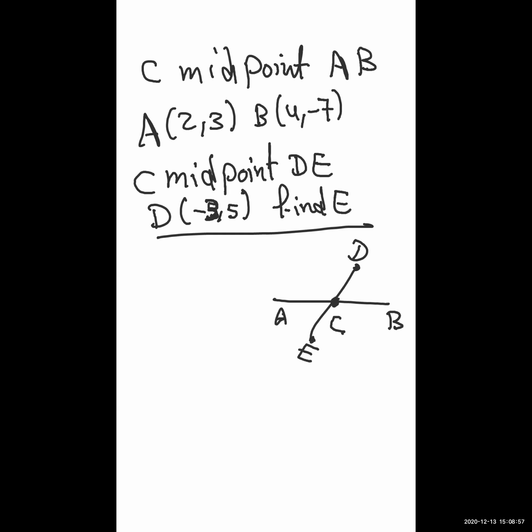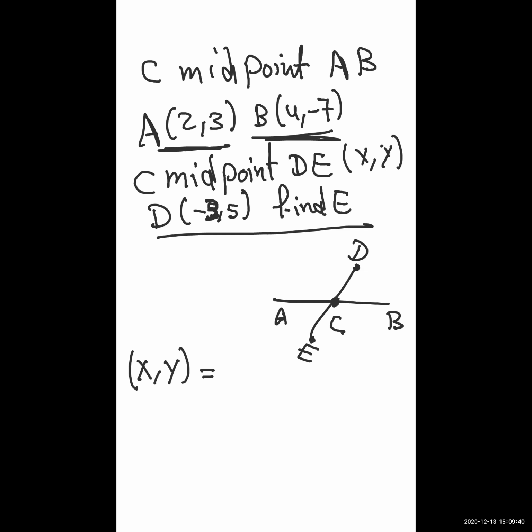First, I have to get the point C, right? So we will assume that this one is X and Y. So X and Y will equal the midpoint of AB. A is 2 and 3, B is 4 and -7. So here the midpoint of AB will equal x1 plus x2 over 2.